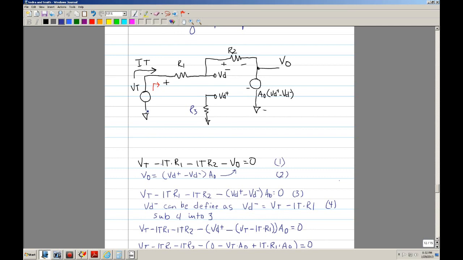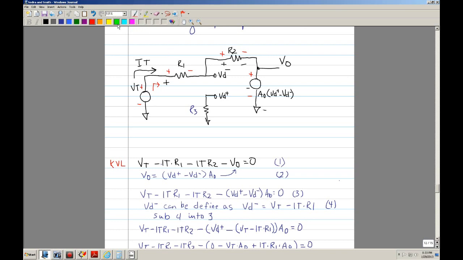Once you have your VT and IT, you apply Kirchhoff's voltage law. Basically, you sum these voltages. You've got a plus, minus, plus, current is flowing in this direction, and then you have a plus to negative. So you sum the voltages.